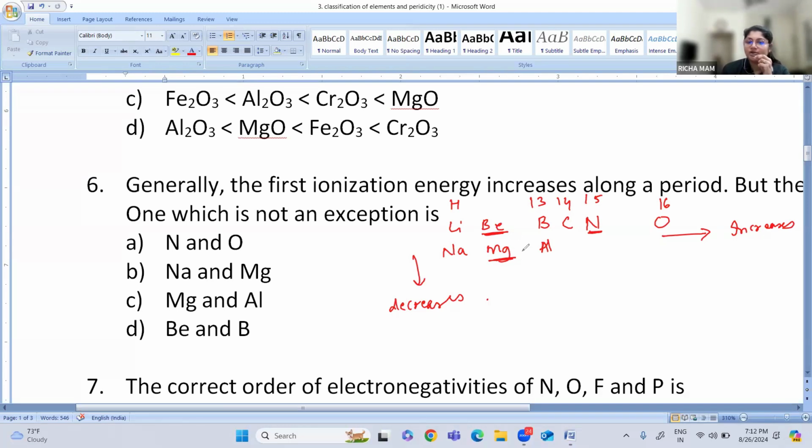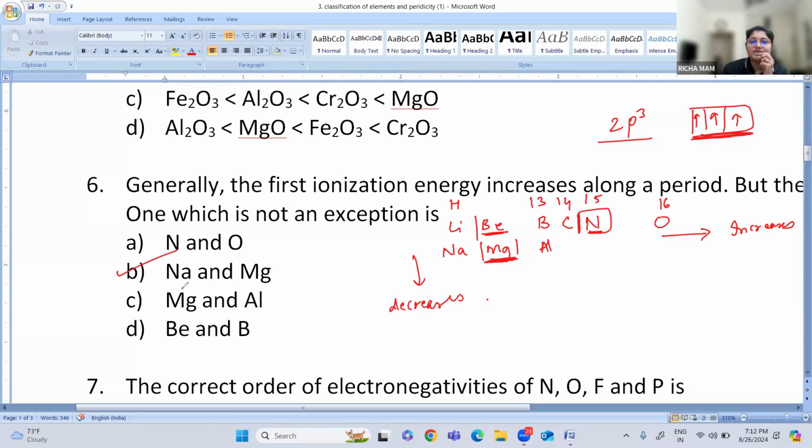This is because of their stable configuration. Beryllium and magnesium have fully filled orbitals, and in the case of nitrogen, the p orbitals are half filled, because it is a 2p3 configuration. So the p orbitals are half filled, giving slightly higher stability. So this is the exception.